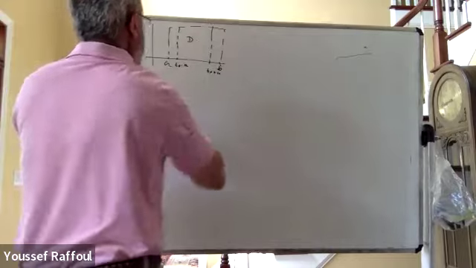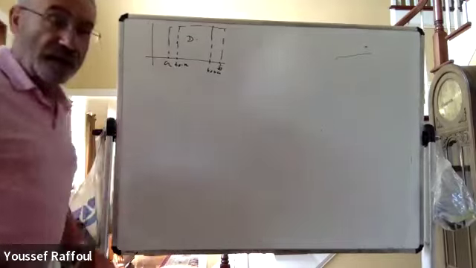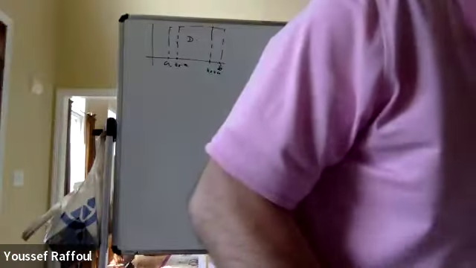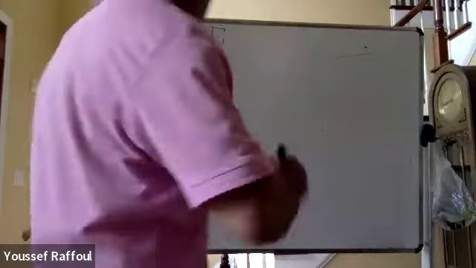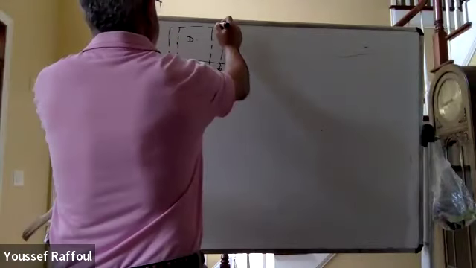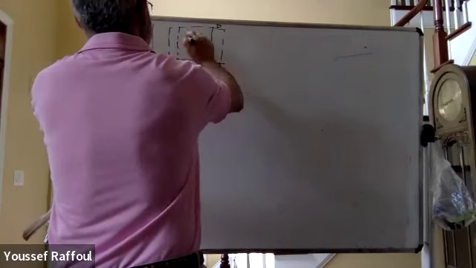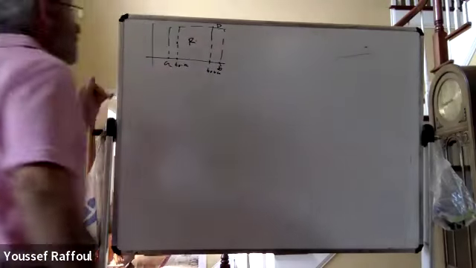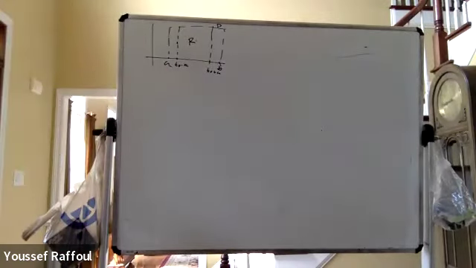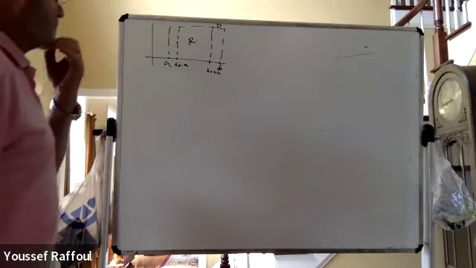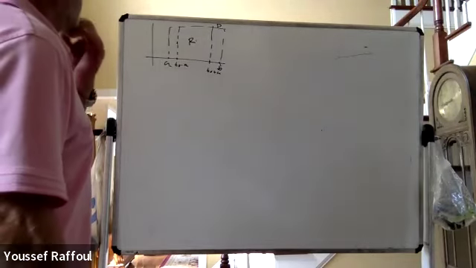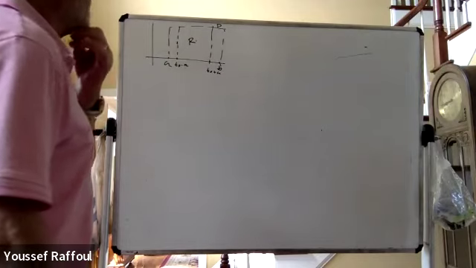So this is our D, and this is our R. I'm going to call it R. So the big rectangle is D, and this is R. Okay? All right. t0 minus a, t0 plus a.